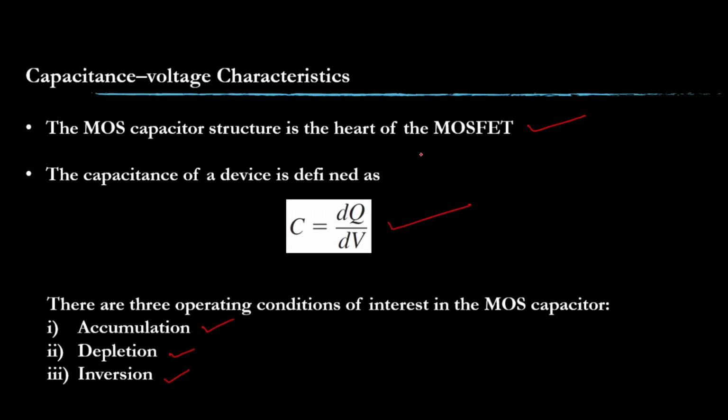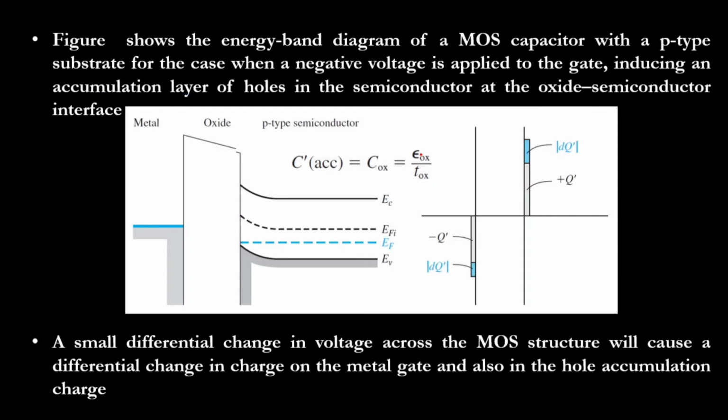So look at this diagram. This is basically the energy band diagram of a metal oxide semiconductor. When we apply a negative voltage at the gate terminal, this diagram shows the differential charge accumulation on either side of the parallel plate.